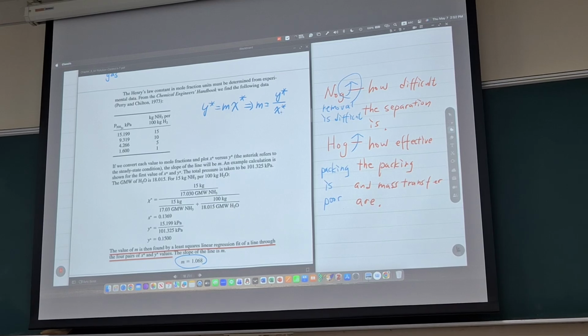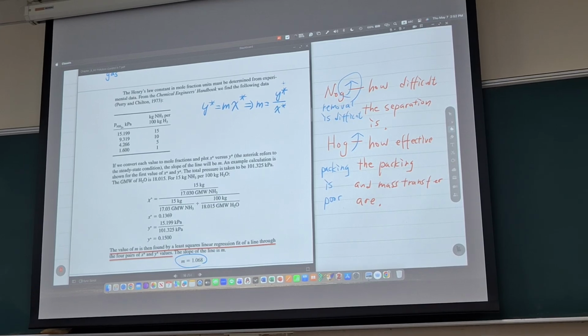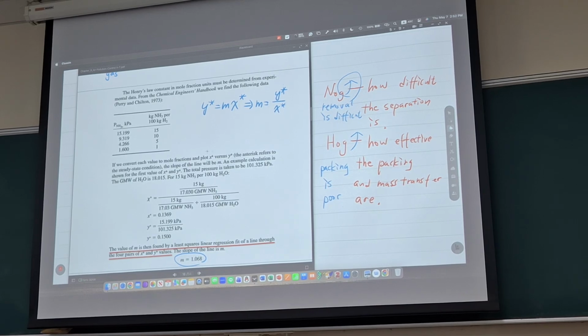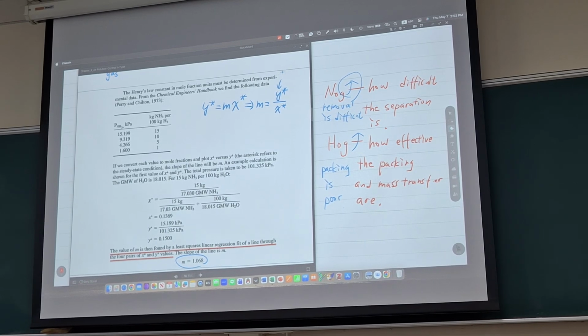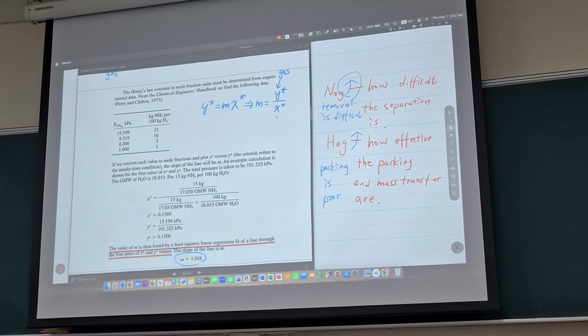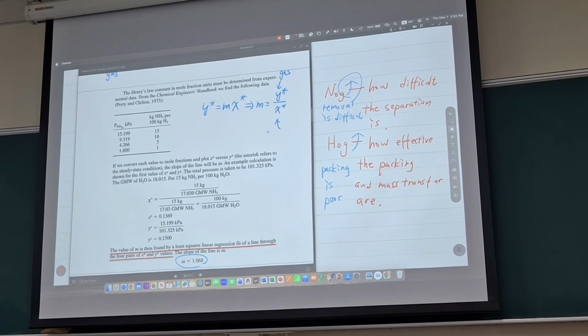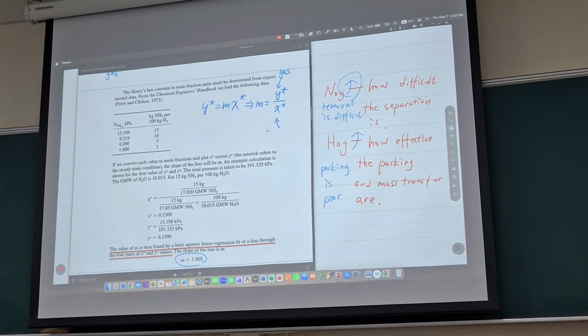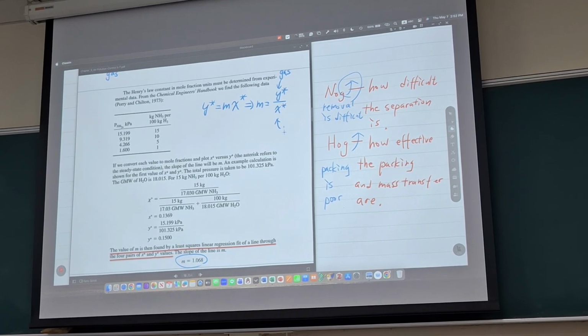Y star is the equilibrium mole fraction of ammonia in the gas phase, and X star is the equilibrium mole fraction of ammonia in the liquid phase.